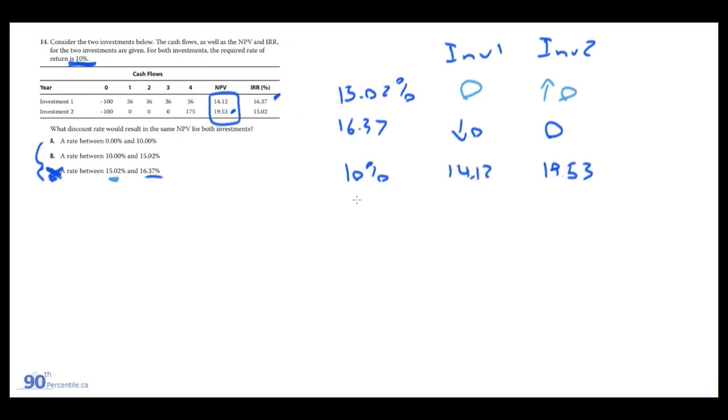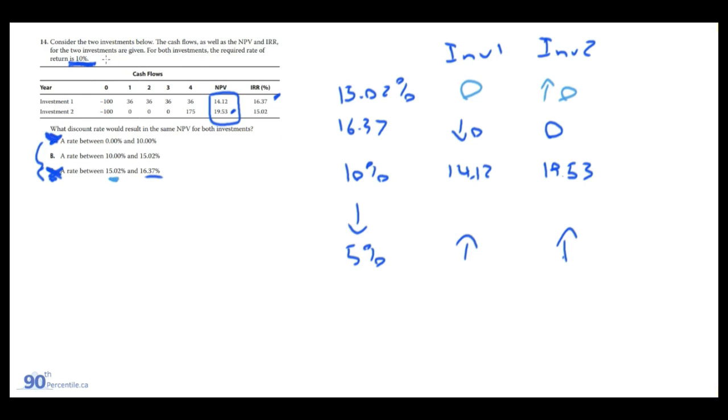If we applied a lower discount rate, let's say 5%, this NPV here would be even higher. And then this NPV here would also be higher, but not by as much, right? So there's going to be a difference in this range as well. So that's not our answer.